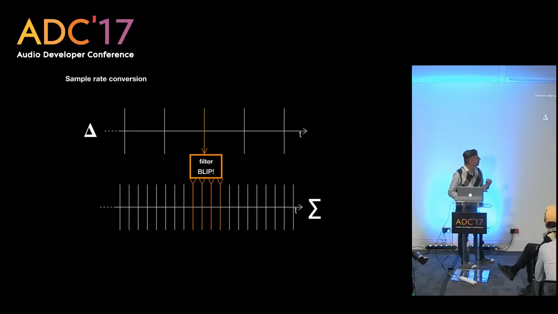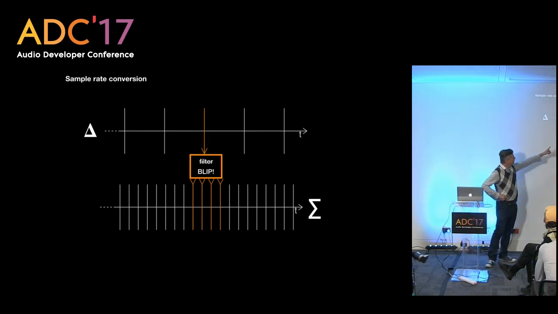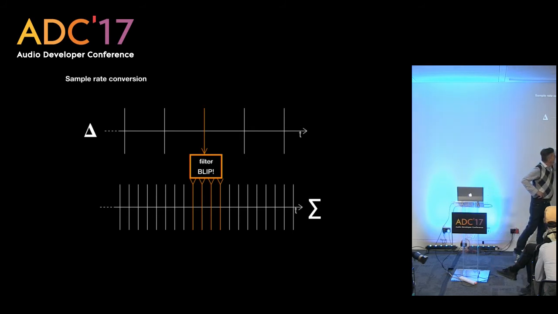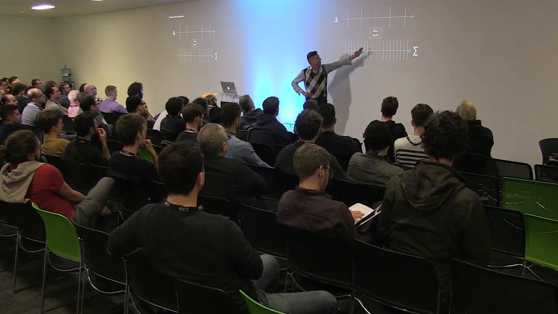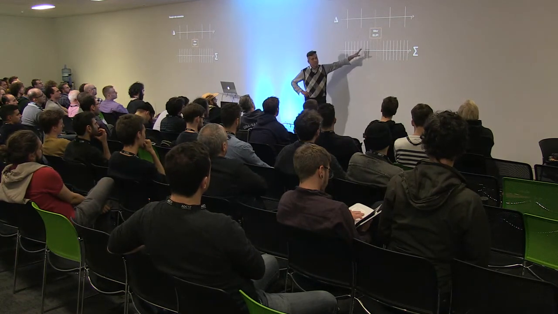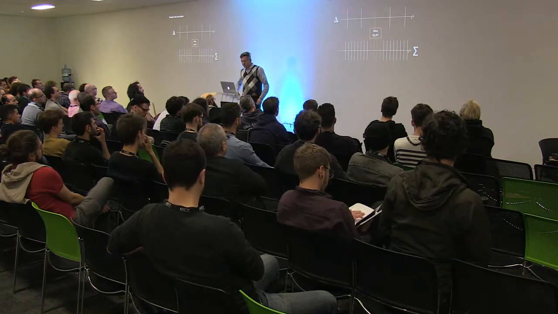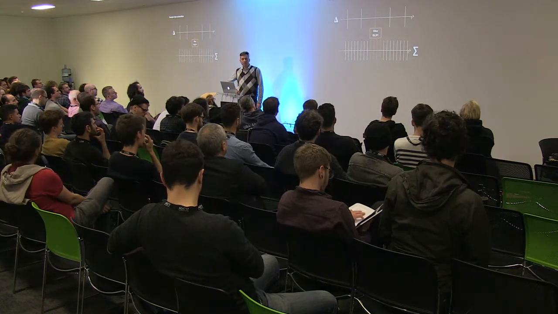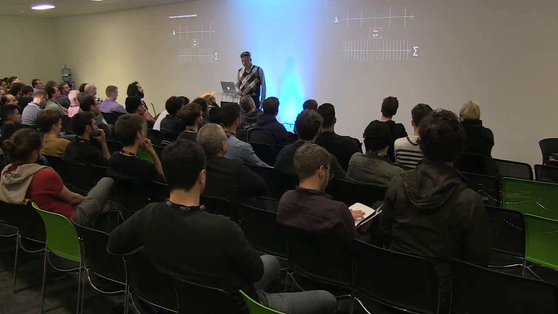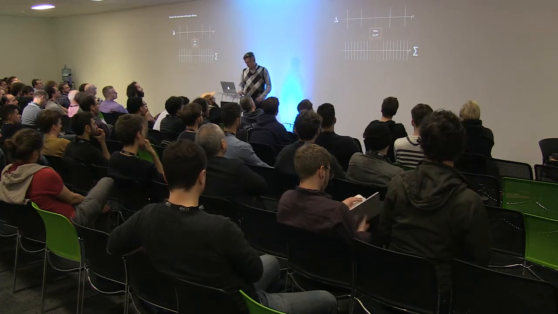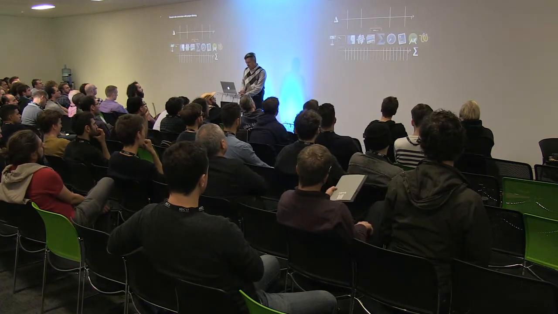So what we do here is no more a filter, but it's kind of a blip, because you just drop a blip with a fractional time, and in the end, you integrate it. So you can use blips for sample rate conversion with proper aliasing. So I have an example for this.